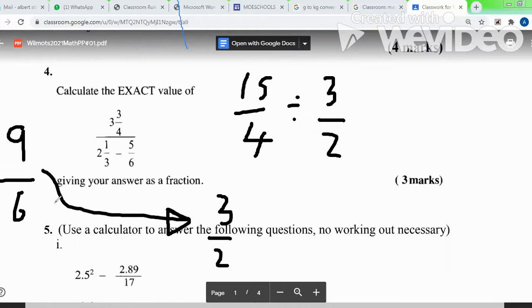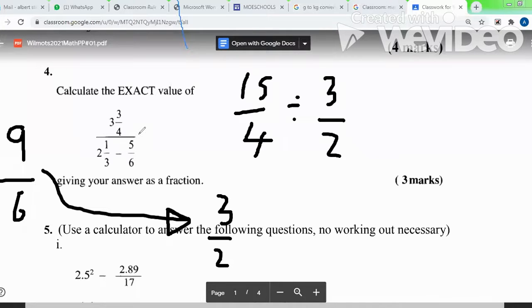To work out the final answer, it's going to be 3 over 2. Right, but it doesn't make a difference. Hold on, Reggie. It doesn't make a difference, but I'm trying for persons to get in the habit of always reducing their fractions. If you get a fraction, always reduce it.